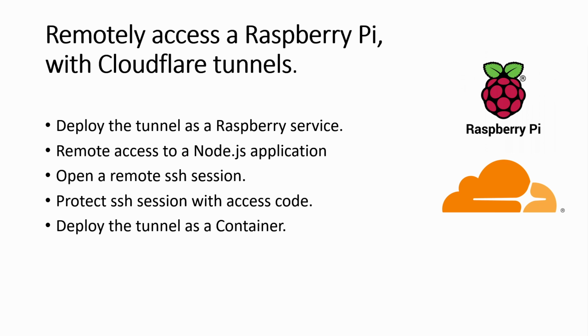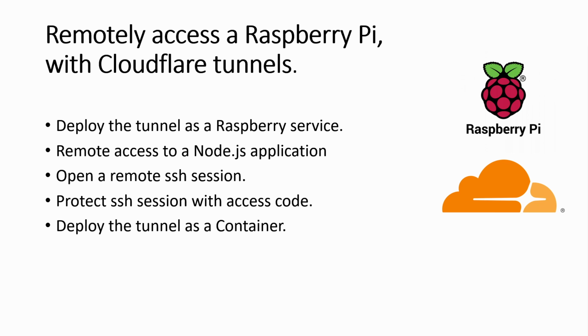These are the 5 topics that we are going to cover. Deploying the tunnel as a service for our Raspberry Pi and exposing a Node.js application. In our case, we're going to use one very common Node.js engine, which is Node-RED.